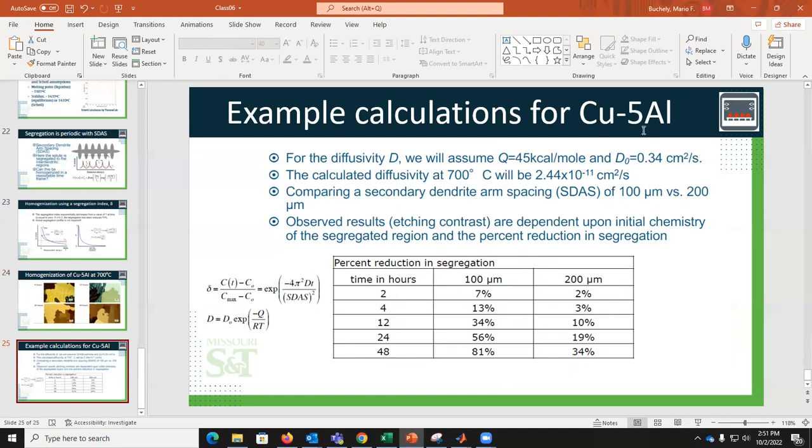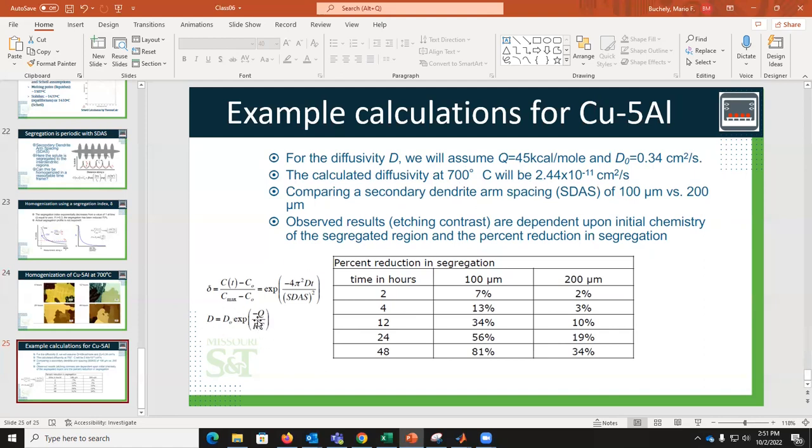For this particular system at 700, we need to use a Q of 45 calories per mole, and D0, the pre-exponential, is 0.39 centimeters squared per second. If we calculate this diffusivity for 700, remembering the temperature should be in Kelvin, we obtain a really small value.